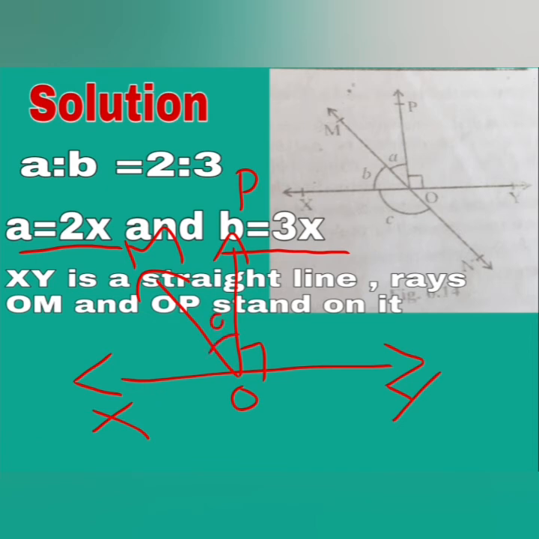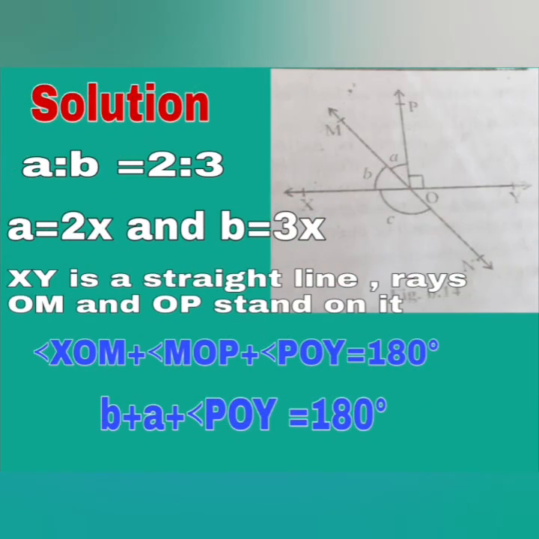So this angle is equal to A and this angle is equal to B. So on XY at point O, you are getting 3 angles, and when we add these 3 angles, we will get a 180-degree sum, because it is a straight line and we are going to get a straight angle. That is, angle XOM plus angle MOP plus angle POY is equal to 180 degrees.